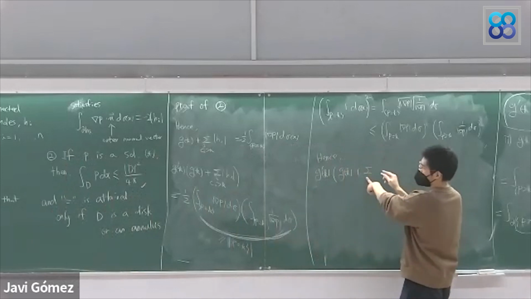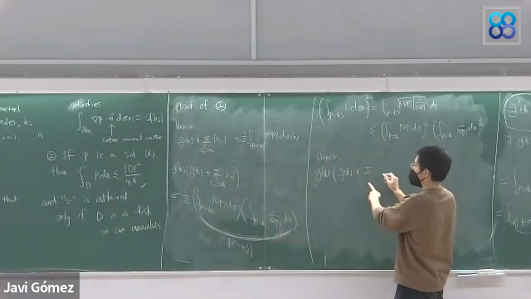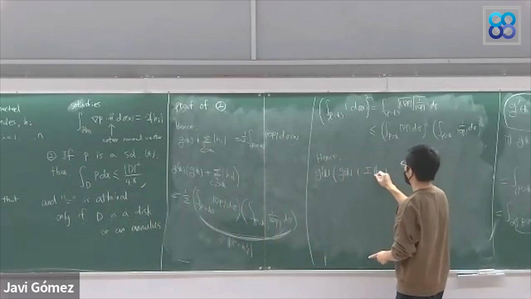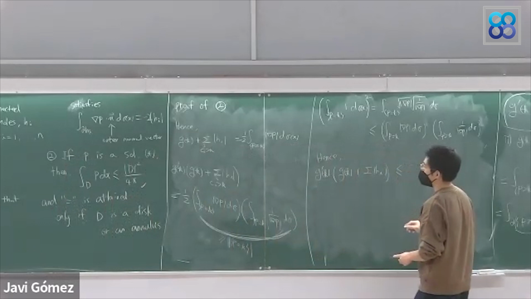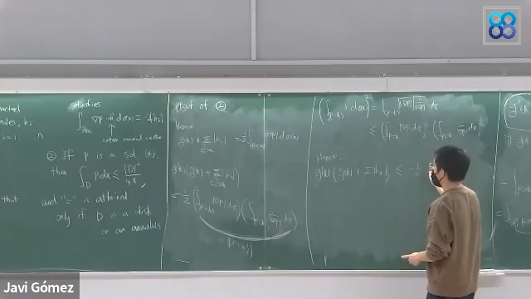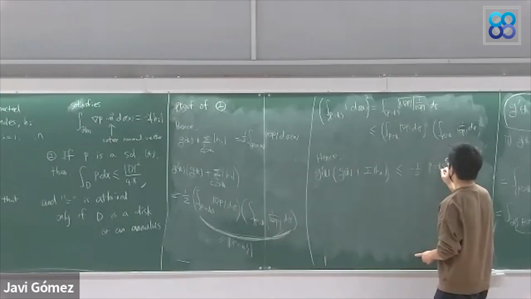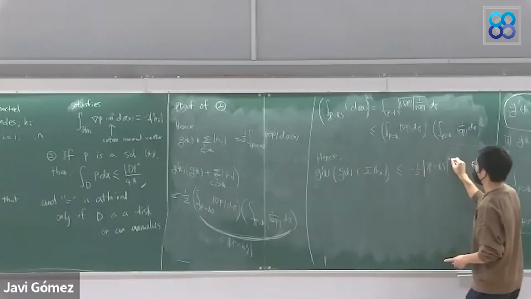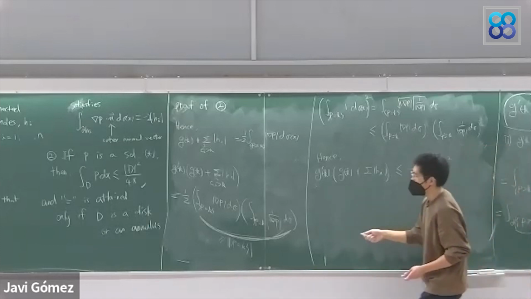Let me omit the indexes here. The sum of h_i is always less than or equal to negative 1/2 times the perimeter squared.